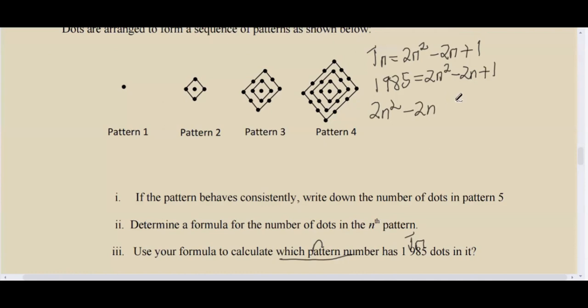That's negative 1,984. Wow. If you are so dependent on the calculator, you even do such questions with the calculator. Then n squared minus n, that's negative 1,984 divided by 2. That's negative 992 is equal to 0.